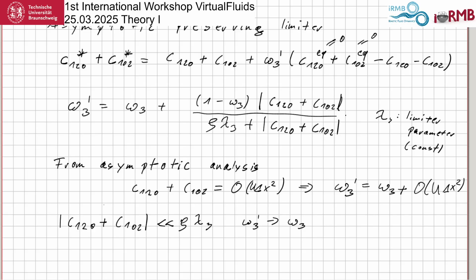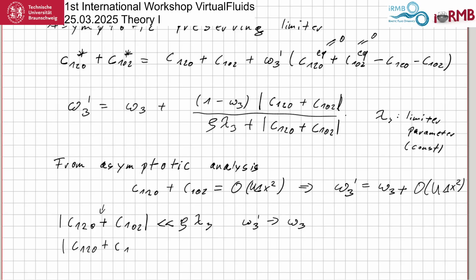So this here is dependent on the shear stress. Sorry, that's not the shear stress. It's a second derivative of velocity. If these second derivatives are sufficiently small, then you get what you asked for.